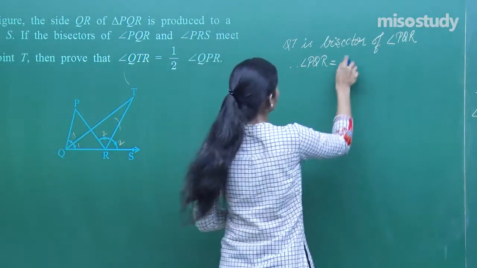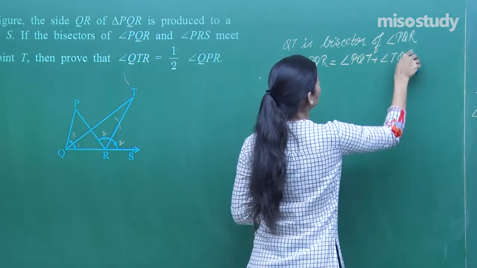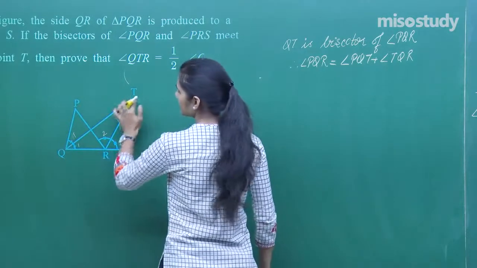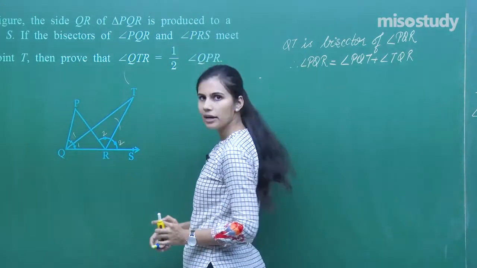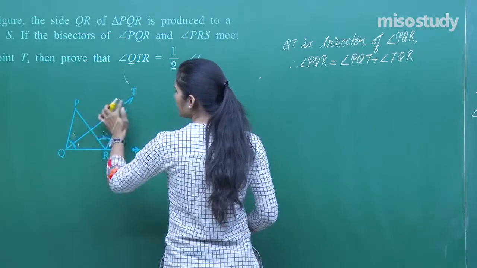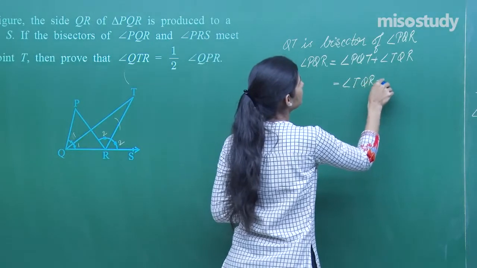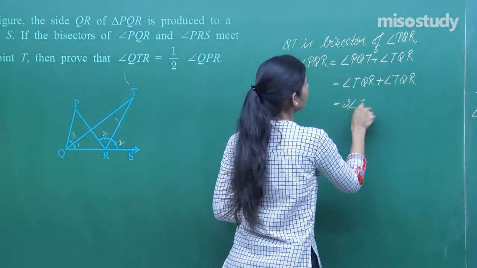It can be written as PQT plus TQR, but PQT is same as TQR. If QT is the bisector, it is dividing angle PQR in two equal parts, that is half of angle PQR. So I can write this as angle TQR plus angle TQR, which is twice of angle TQR.